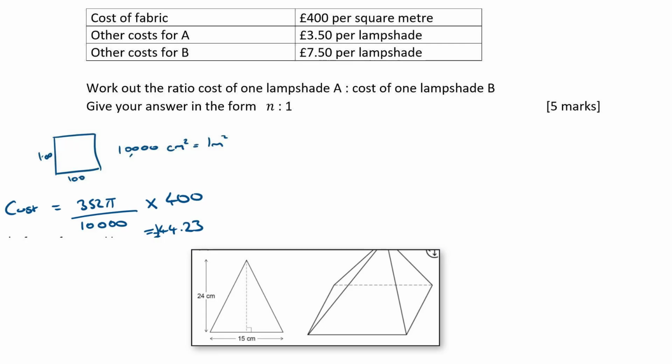So fabric is used to make 4 triangular faces of the pyramid. So we need to work out the area of one triangle and then multiply it by 4. I assume they're all the same size, are they? Okay, let's do that then. So the area of this shape is going to be a half base times height, which is a half times 15 times 24.